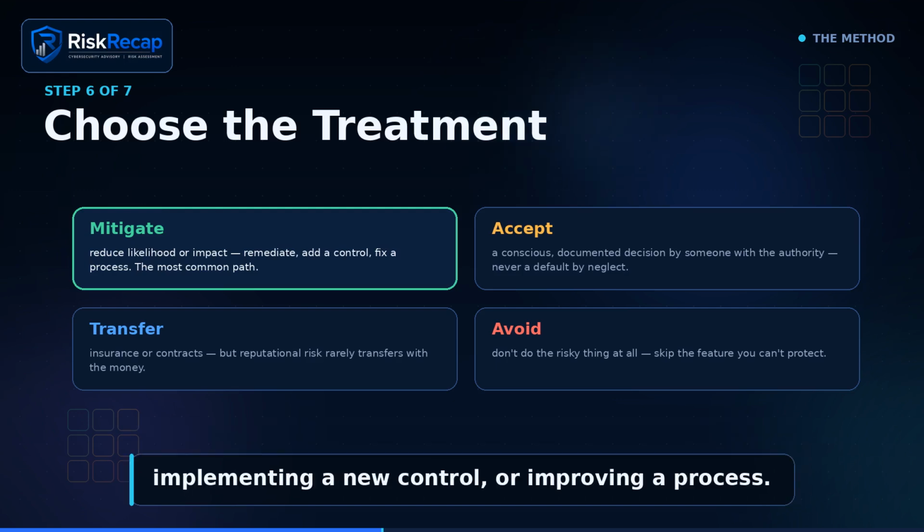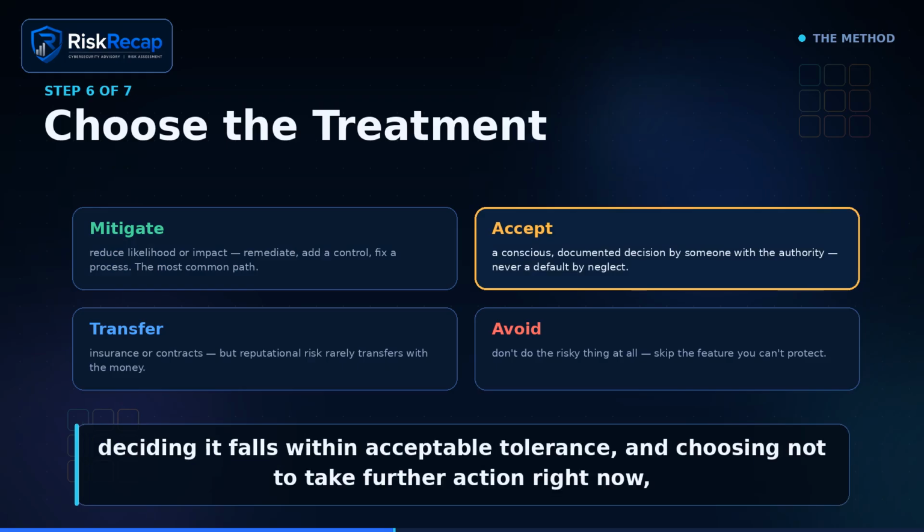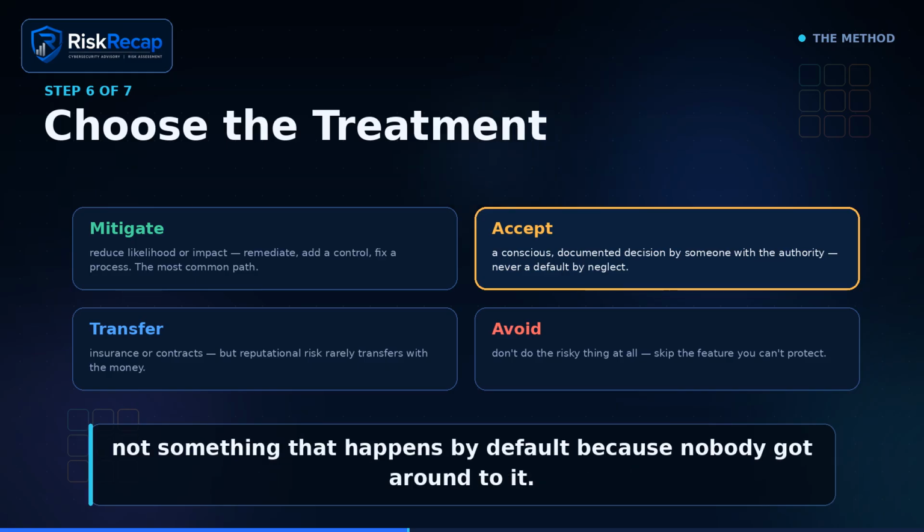You can accept the risk, formally acknowledging that the risk exists, deciding it falls within acceptable tolerance, and choosing not to take further action right now. This needs to be a conscious, documented decision, made by someone with the authority to make it, not something that happens by default because nobody got around to it.